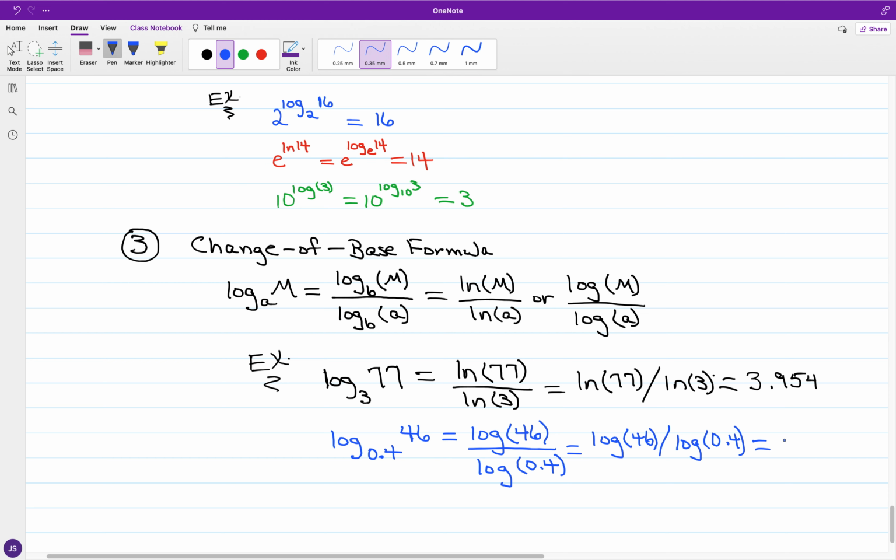Now for this number, this is going to be a negative quantity. We'll have about negative 4.178.